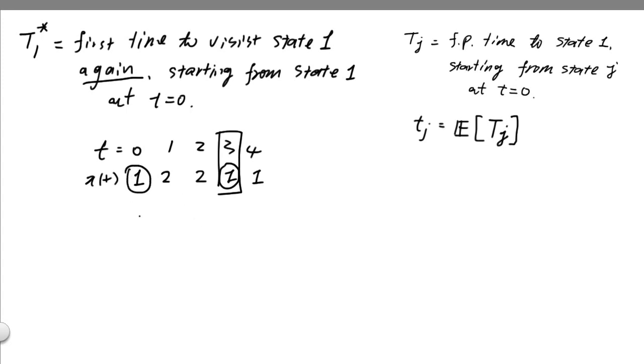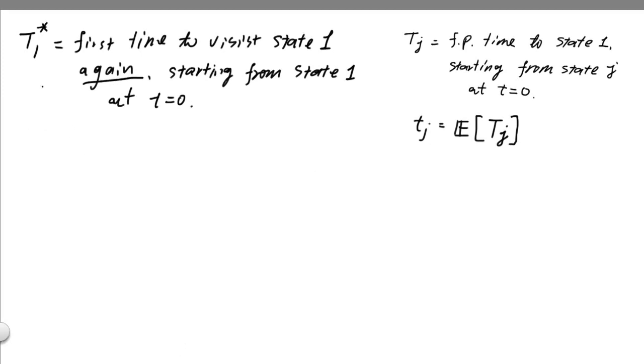We don't count the very first 0, and that will be our T1 star. So T1 star in this particular case is equal to 3. Same as before, we'd like to calculate the expected time to revisit state 1.